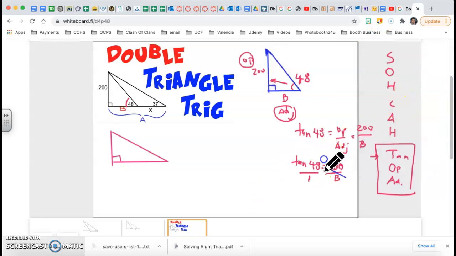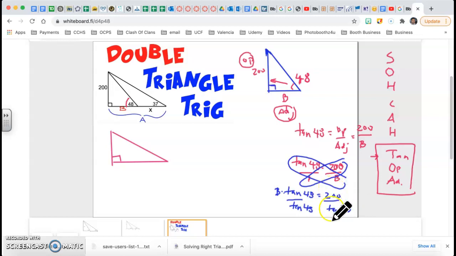This diagonal, B times tangent of 48, is going to be B tangent of 48, equal to the other diagonal, which is 1 times 200, which is 200. My last step, remember, I want to leave the B by itself, so divide by tangent of 48 on both sides.